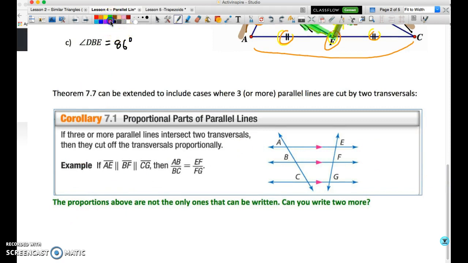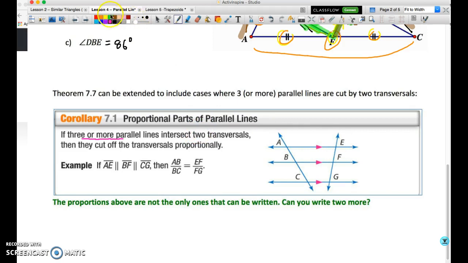In this particular case, the corollary says if we have 3 or more parallel lines, so we had a pair of parallel lines and we've added in another, but as you can see from the corollary, it can be extended beyond 3 parallel lines. If we have 3 or more parallel lines intersecting transversals, then they cut off the transversals proportionally.